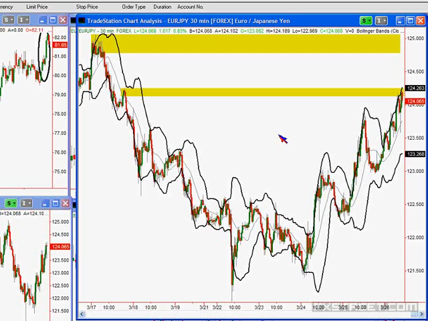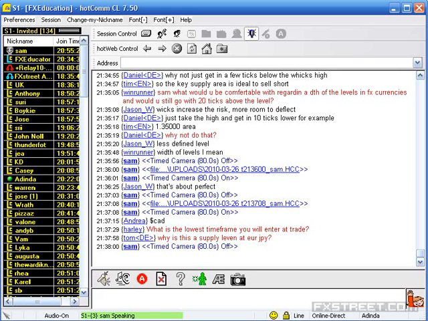And there's an old level in there. Let me get rid of that. Okay, here's the Canadian. I'll grab the chart for you.